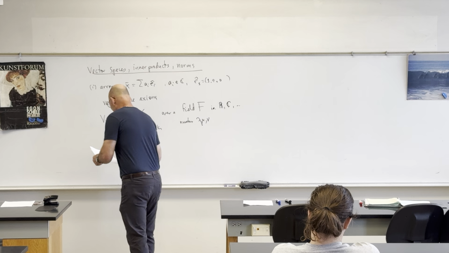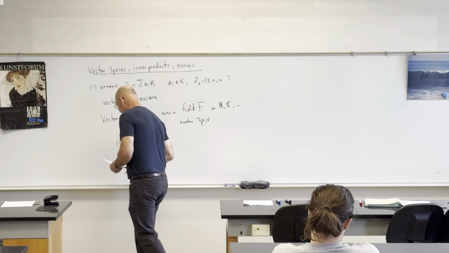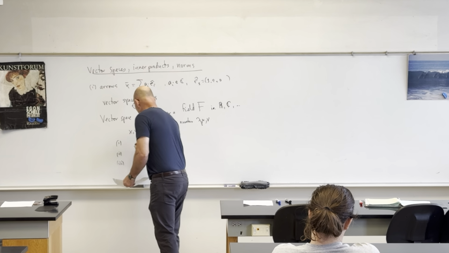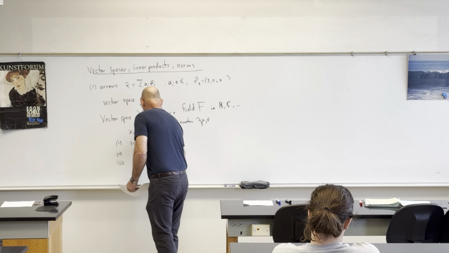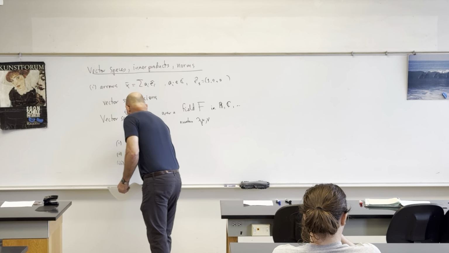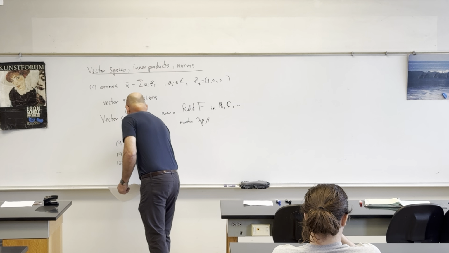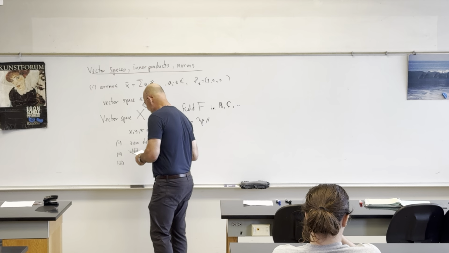So what we have is the basics here. We have a zero element, which we'll just call 0. We have an addition law, which we'll use the plus sign for.